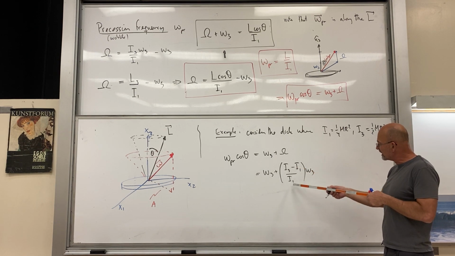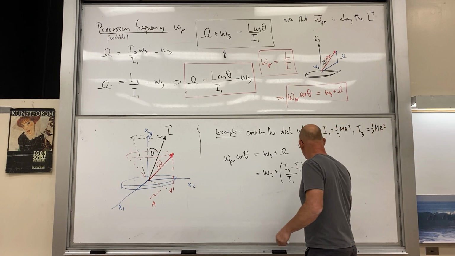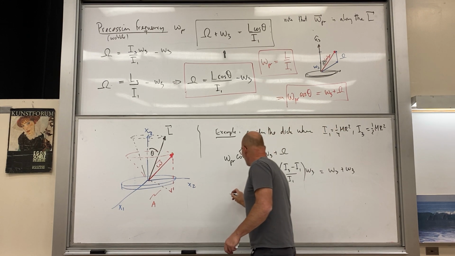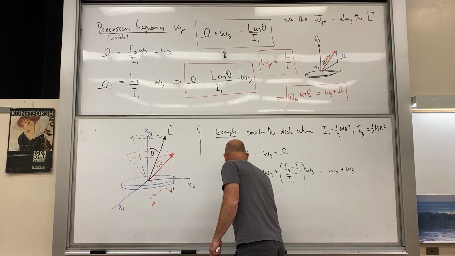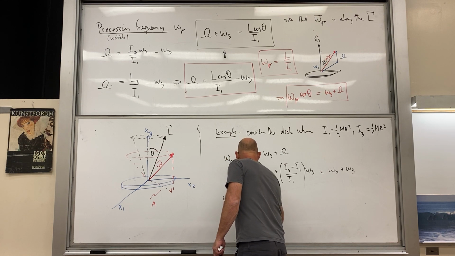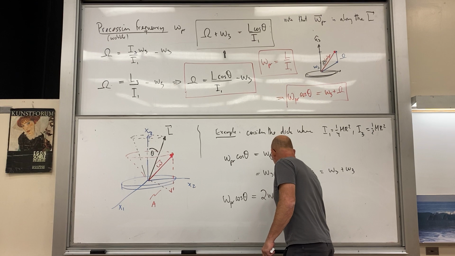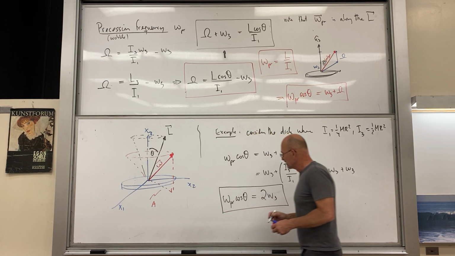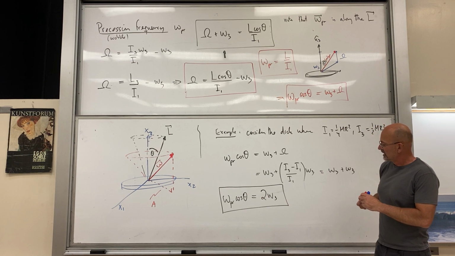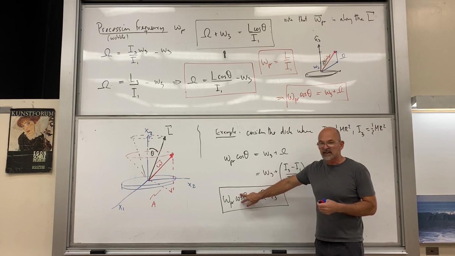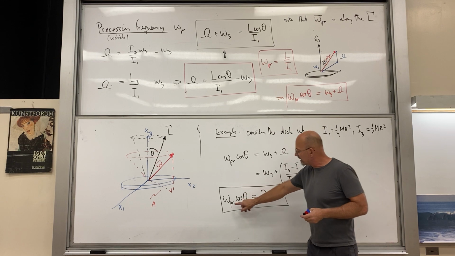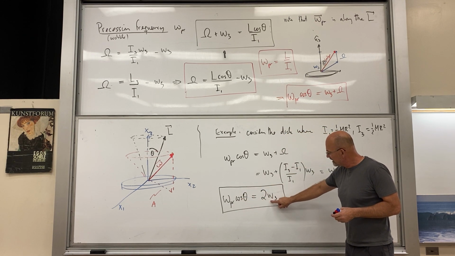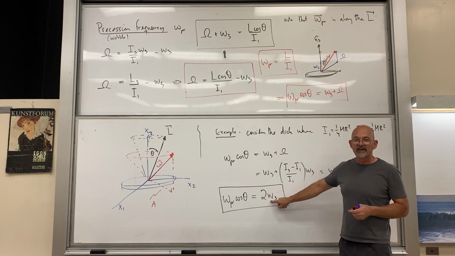So that's just 1. So it equals omega 3 plus omega 3. So we get omega precession cosine of theta is equal to 2 times omega 3. So in the limit where theta is very small, cosine of theta is close to 1, you get this omega precession being twice the rotational frequency itself.